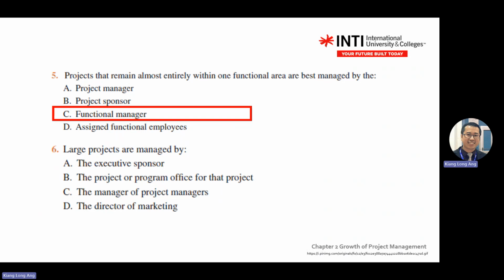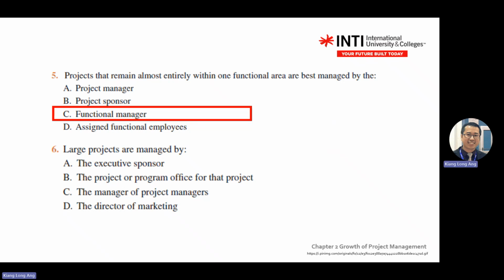Large projects are managed by who? By who? See? Who does the project manager report to? I showed you the organization chart before.